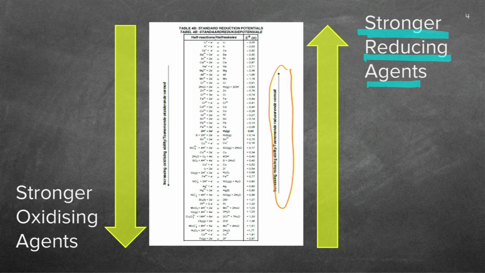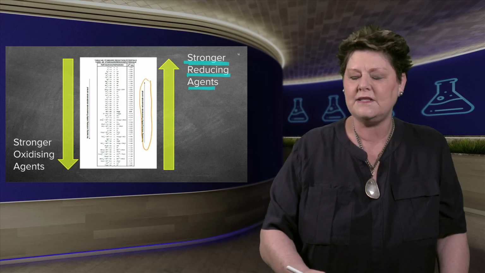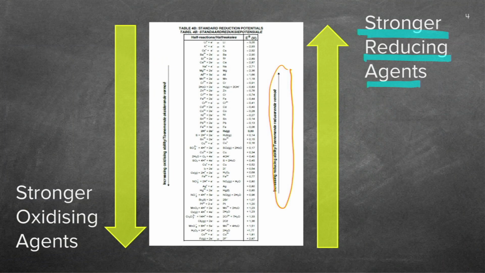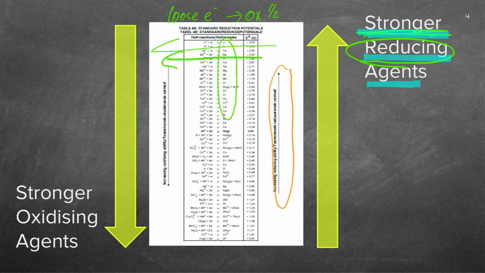Now remember when we did reduction and oxidation in a previous lesson, we said the process where oxidation takes place is the reducing agent actually doing that. So at the top we have the stronger reducing agent. If this reaction goes that way, remember it will lose electrons, so it will be the oxidation half reaction. It will be going that way because it's the stronger reducing agent on that side.